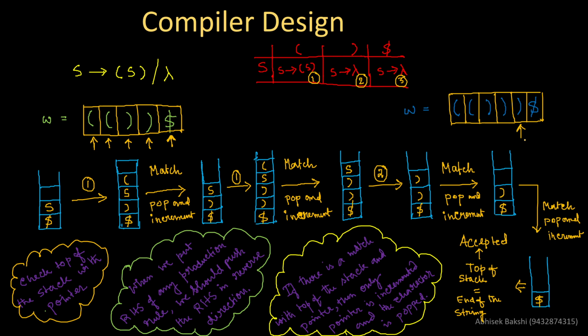And this is the way by which the LL1 parser can find whether the string is correct or not. In other words, whether the program that you have written is syntactically correct or not. So this is an example we have discussed by which you can understand how the LL1 parser works.